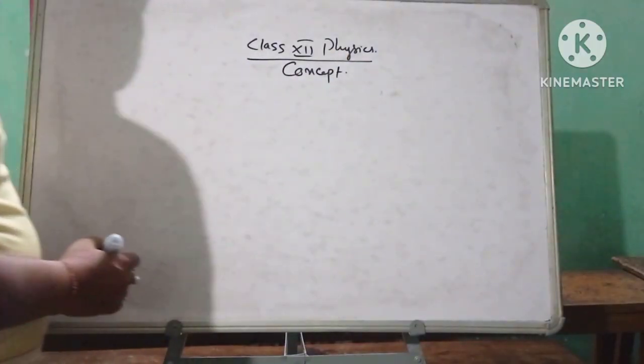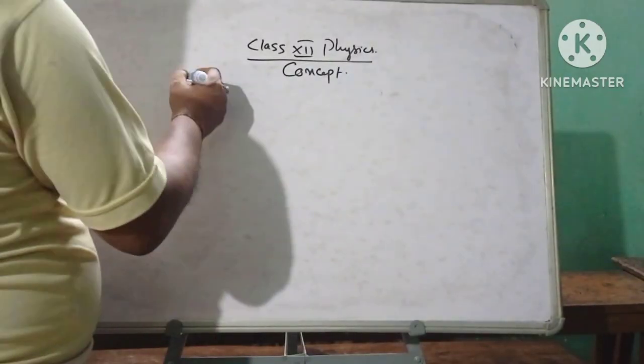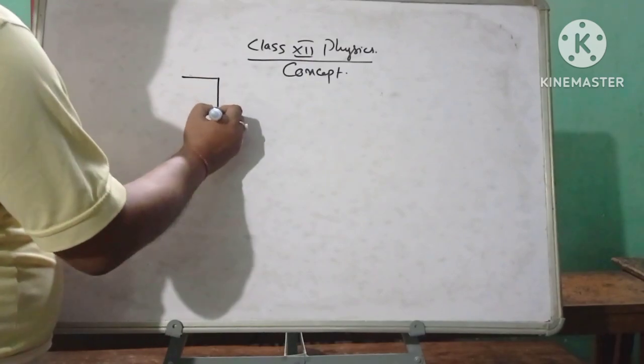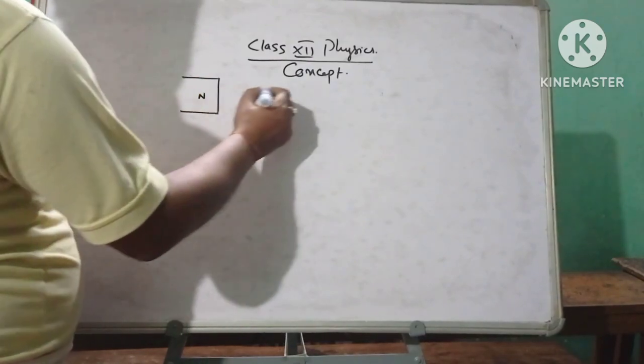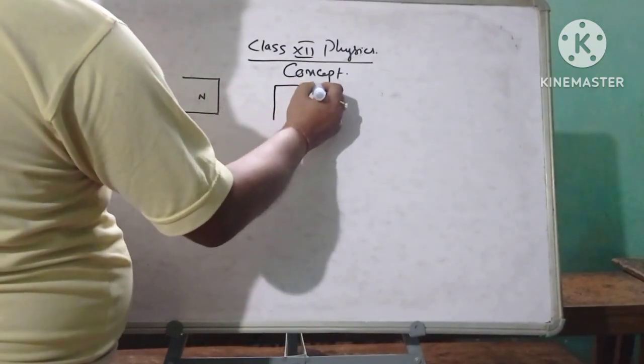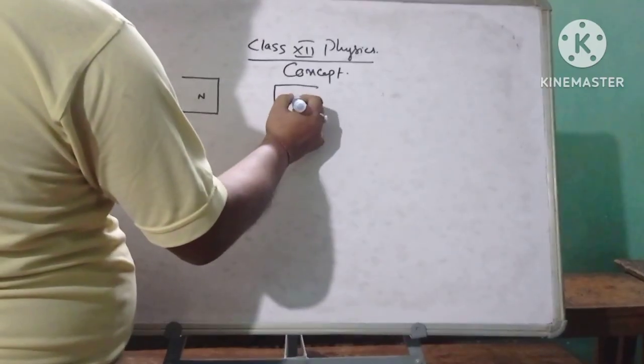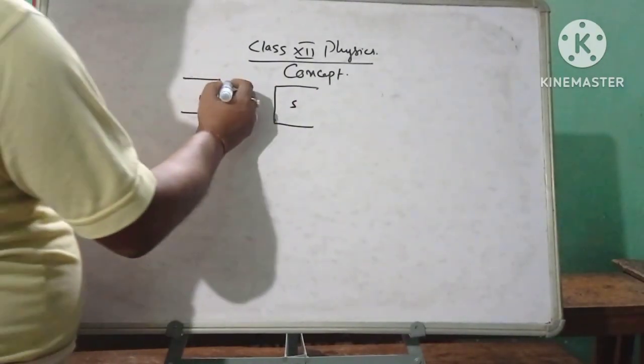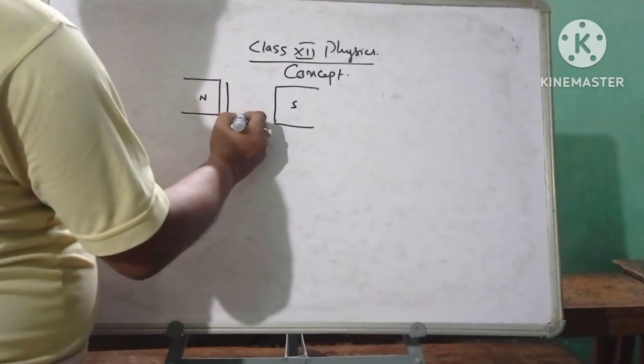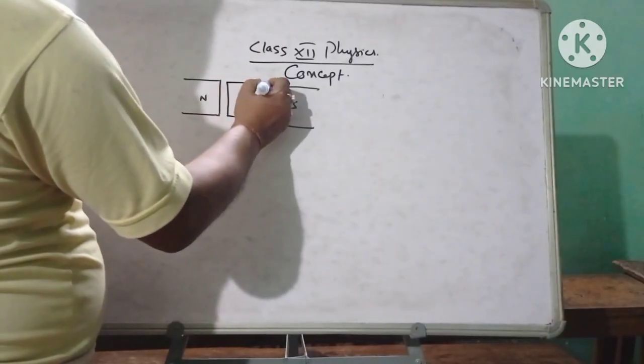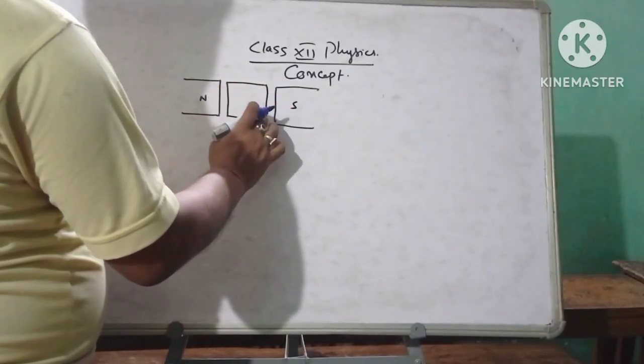So here you see that, let us take this is a magnet, north, and here this is the south. So a coil, here this is the coil.